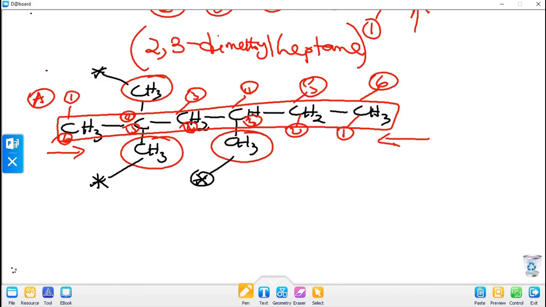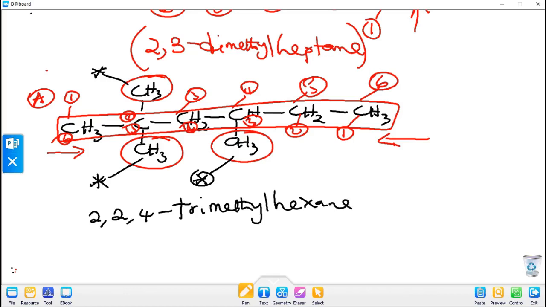So if we name that from the left-hand side, it is going to be 2,2,4 trimethyl hexane. This is coming from the left-hand side. Let's put it there, left.